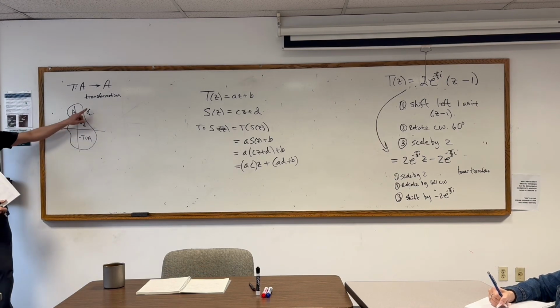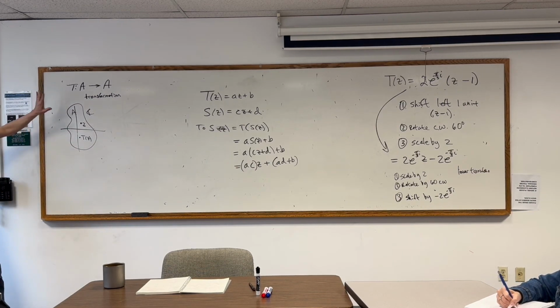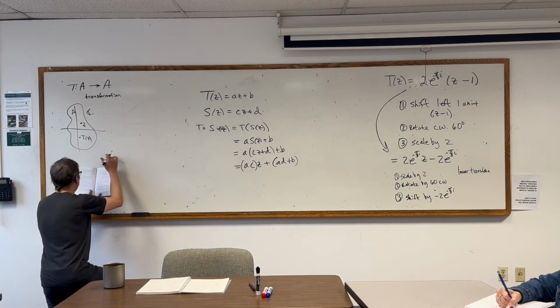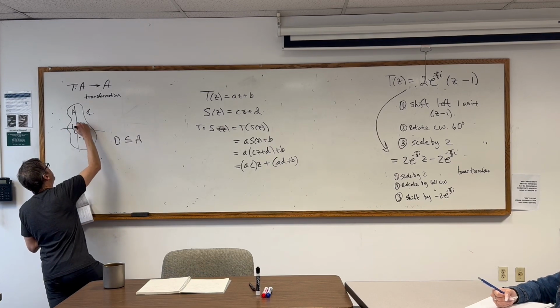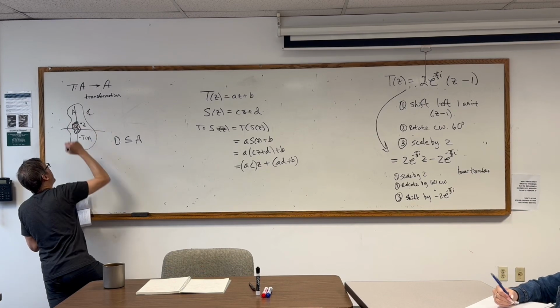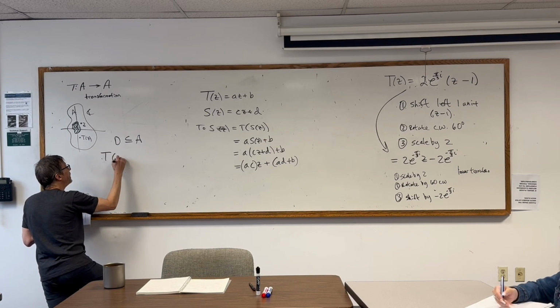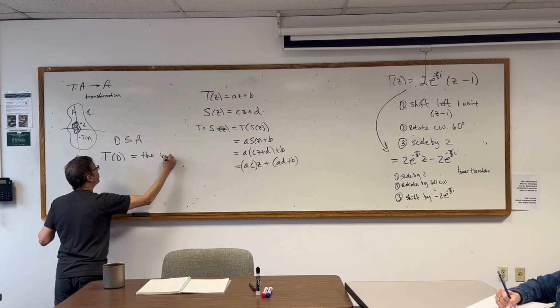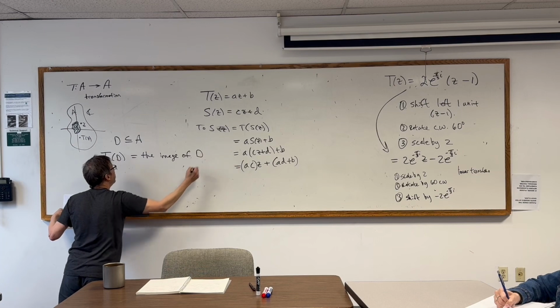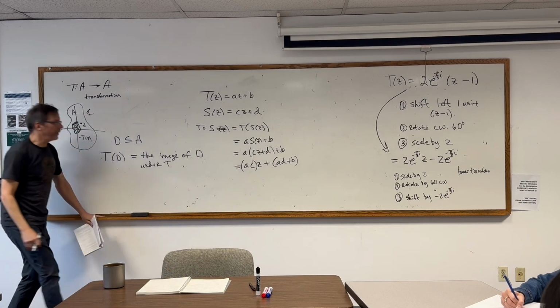So this notation means if I eat from set A, I land back in set A. Just to talk about that notation there. If D is a subset of A, and that just means D is some sub-collection of that set there, then T of D is the image. This is just terminology. The image of D under T. So that's the way we would say that.